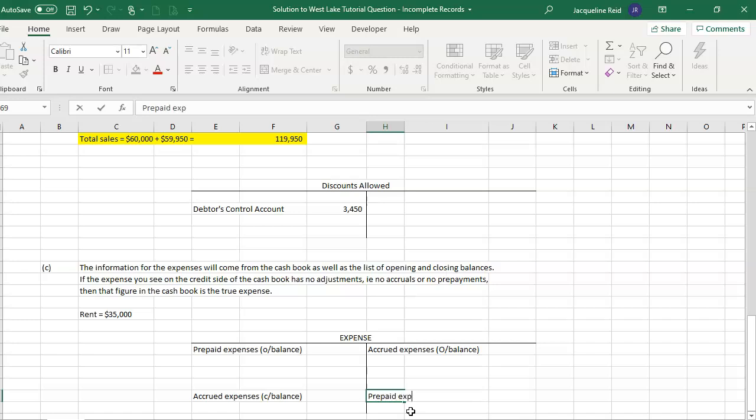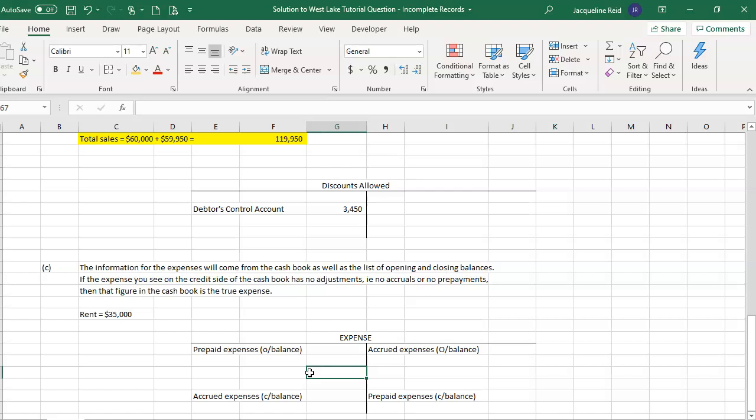So prepaid expenses closing balance must be credited. Now, the last two pieces of information that we'll need in this template is the payments. Remember now, when Westlake is paying out these expenses, they're going to credit the cash book. So all payments through the cash book must be debited.